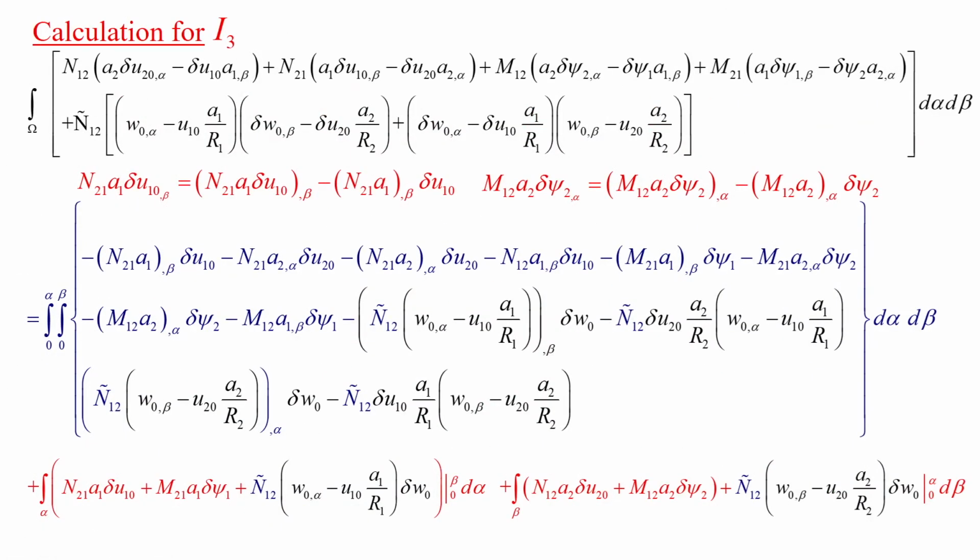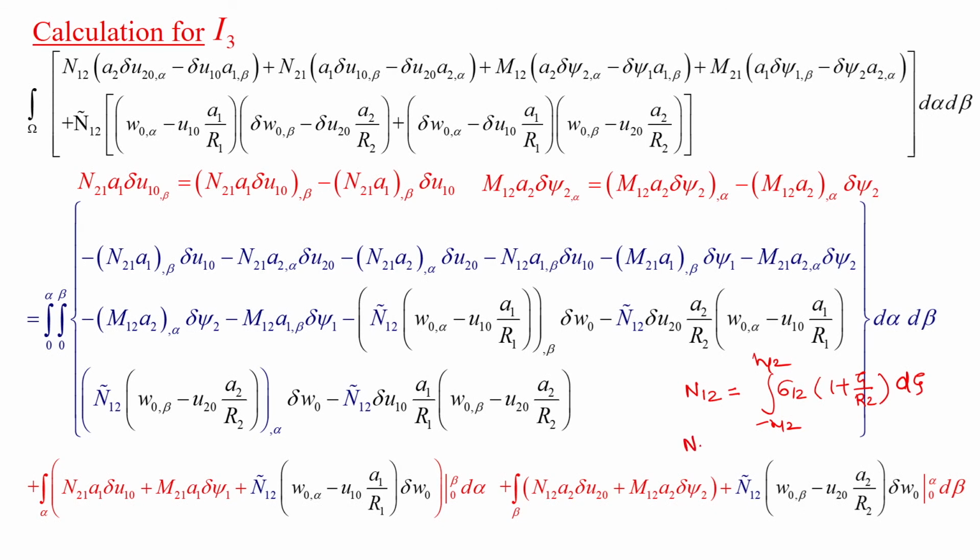We already know the definition of N12. N12 is the integral of sigma 11 times 1 plus zeta by R2 from minus h by 2 to plus h by 2 d zeta.